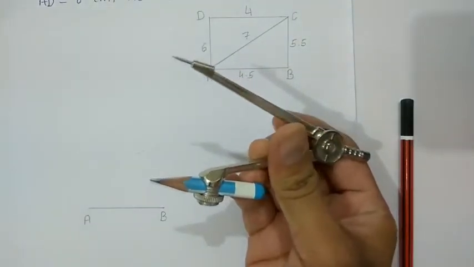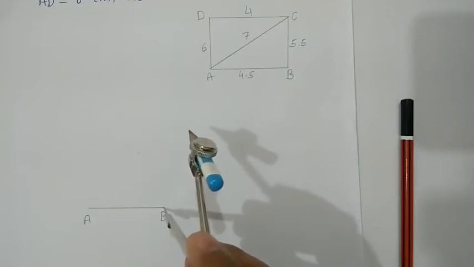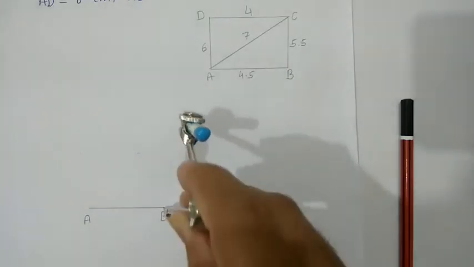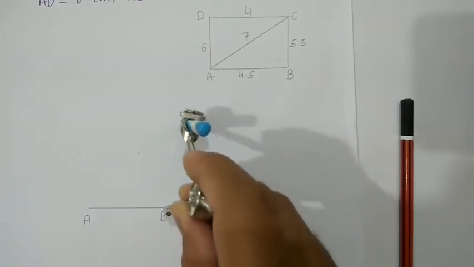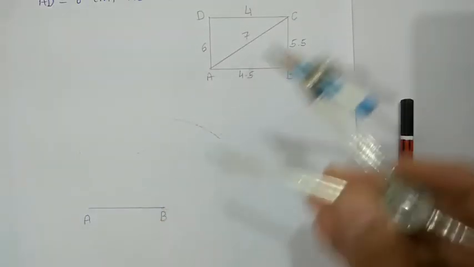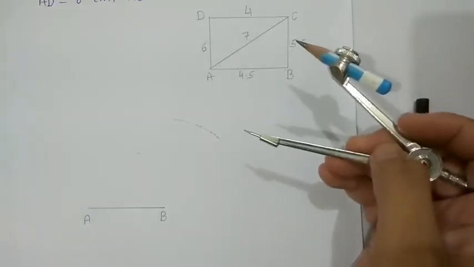Now we have to fix this point to B and draw an arc. See, this is the arc of length 5.5 centimeter, right?